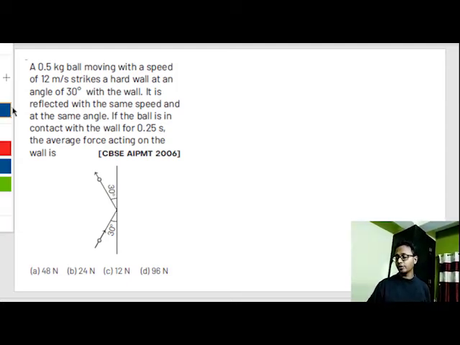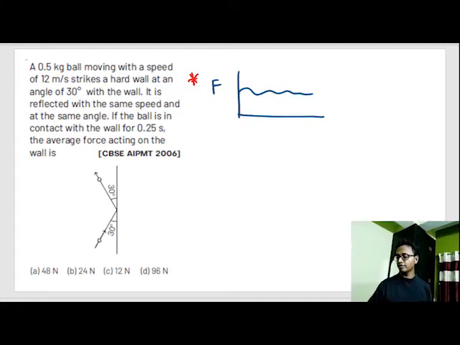I taught you, whenever they are asking average of anything, suppose a force time graph was given, and they are asking you to find the average value of force from time t equals 0 to t equals 5.